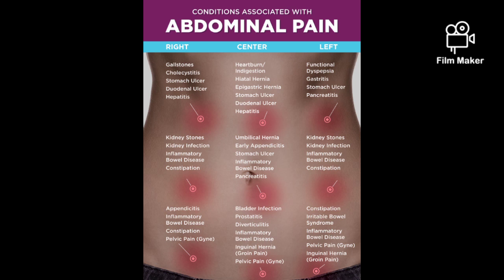For right upper quadrant pain, the history focuses on differentiating pulmonary, urinary, and hepatobiliary pain. If urinary tract infection or nephrolithiasis is suspected, urine analysis is appropriate. Patients with colic, fever, steatorrhea, or a positive Murphy's sign should receive ultrasonography.